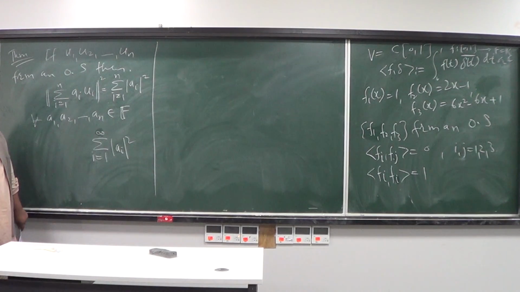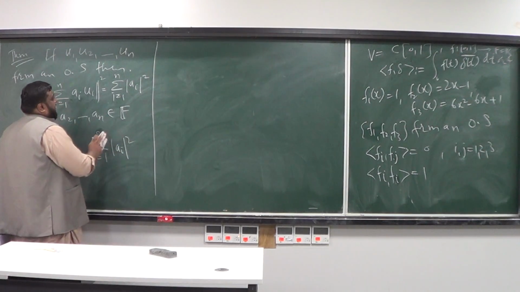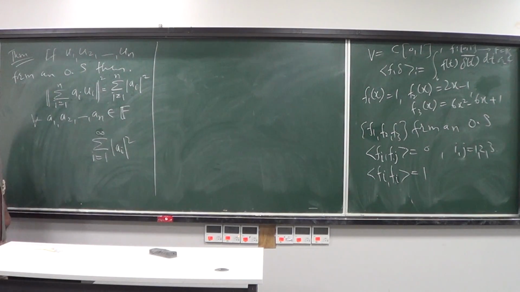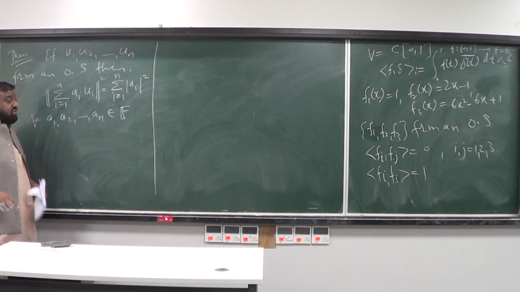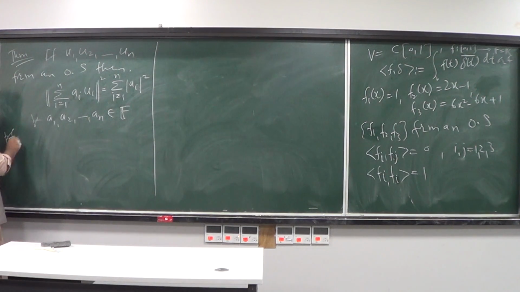If it does not converge, then this would be infinity and the equality would not make sense. Under certain assumptions you can extend this generalization of the Pythagorean theorem to the infinite case as well, but you need assumptions on the a_i's. For now we are proving it for the finite case.